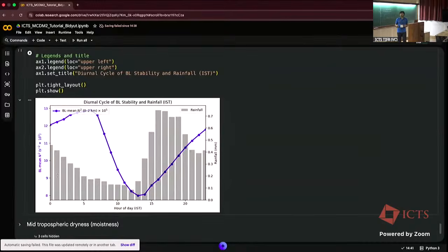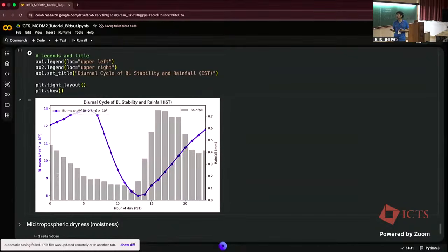Now probably what we were trying to conclude from visual inspection, like where the dip of Brunt-Vaisala frequency or dip of stability is and where the peak of rainfall is, I think this makes more sense now.